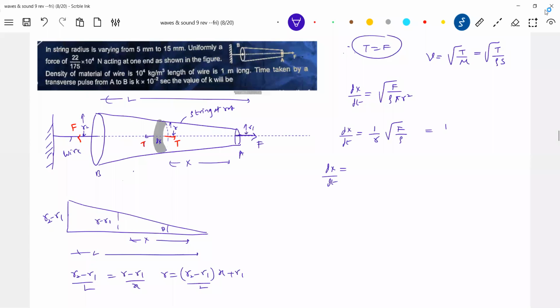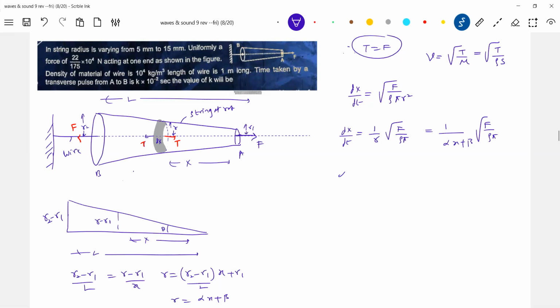Let me write that step here. Alpha x plus beta, root of F by rho pi. Alpha, what is alpha? Alpha x plus beta.